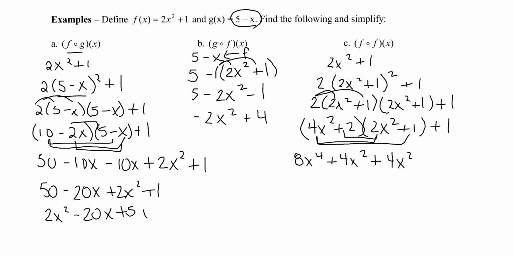And then 2 times 1 will be plus 2, and then we have our plus 1 there. So combine your like terms, and you get 8x to the 4th power plus 8x squared plus 3. And that is your final answer.